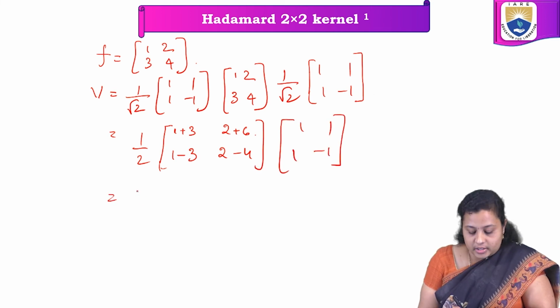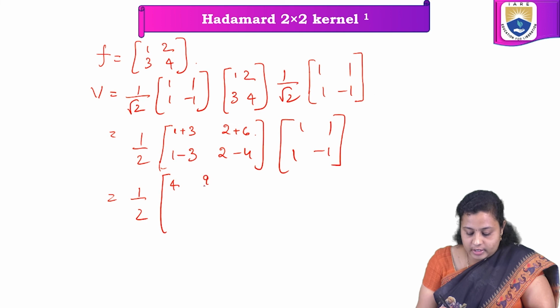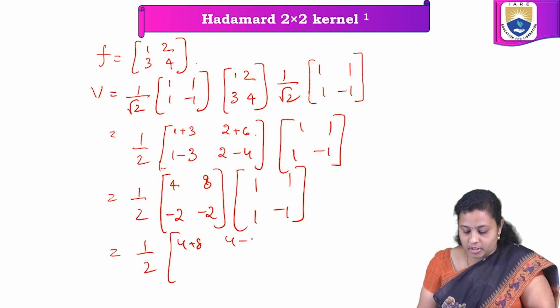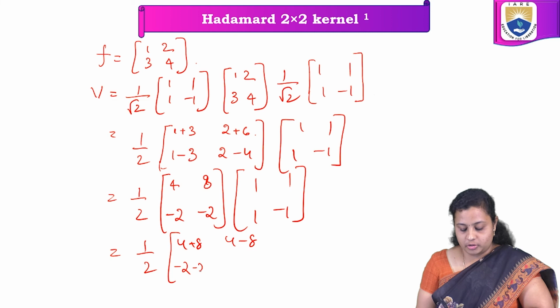So this I can write as [4 8; minus 2 minus 2] into [1 1; 1 minus 1]. So this will turn up to 1 by 2 into [4 plus 8, 4 minus 8; minus 2 minus 2, minus 2 plus 2], right?